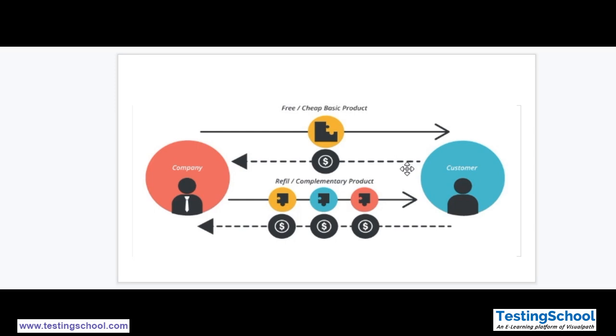The free product is available, but some features like call hiding, call duration, the blocks, etc. are not available for the free user and are available for the paid one. So when you pay, the features get opened, the product utilization becomes more effective, and the company will generate the revenue.